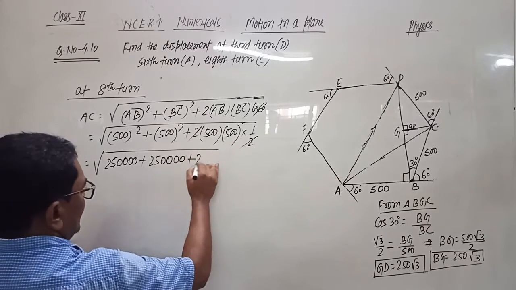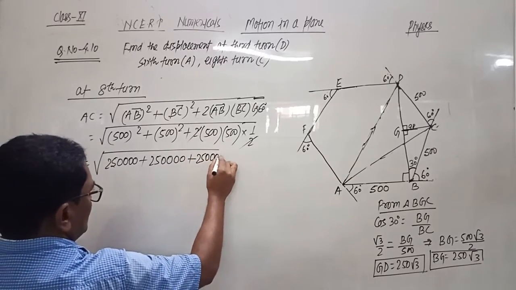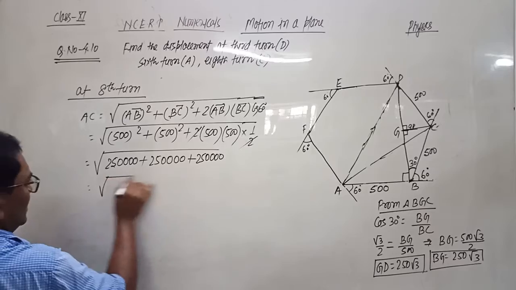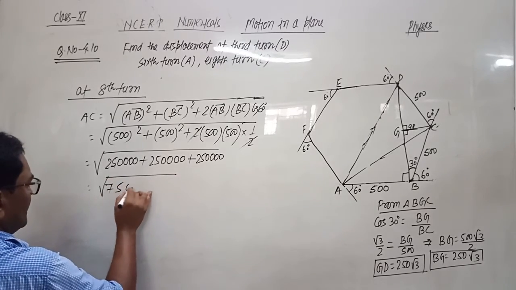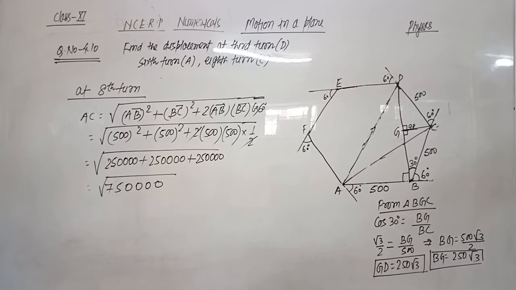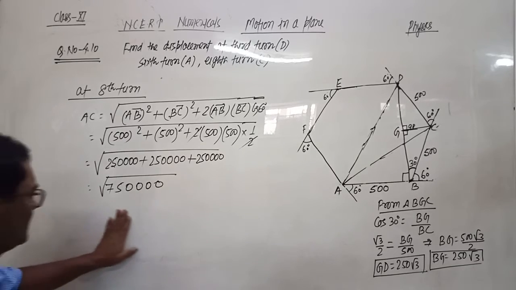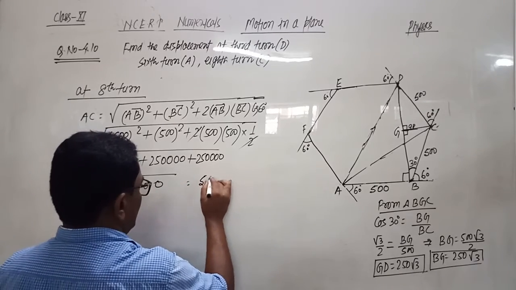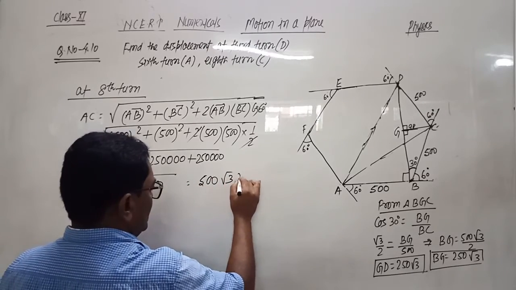So this will be the square root of 75 and 4 times of 0, and its square root is 500 root 3 meter.